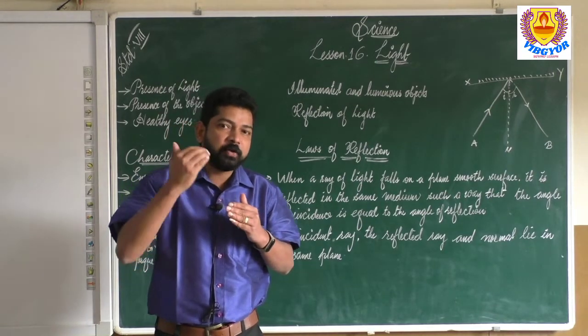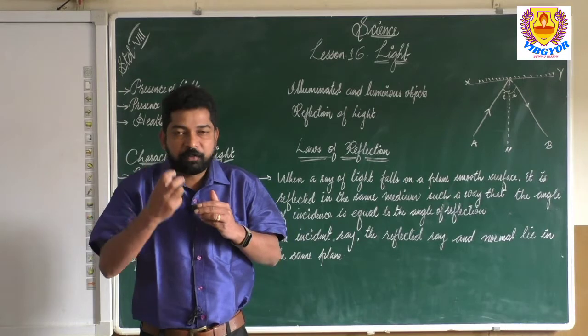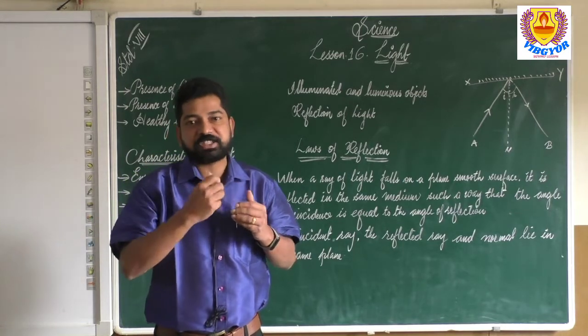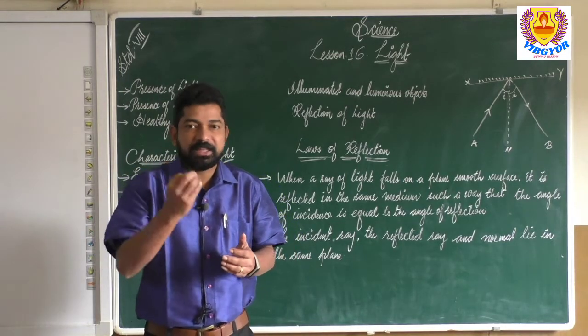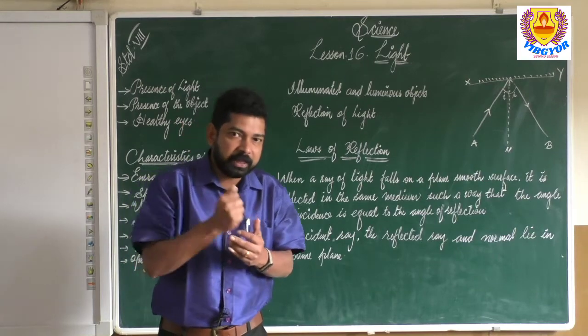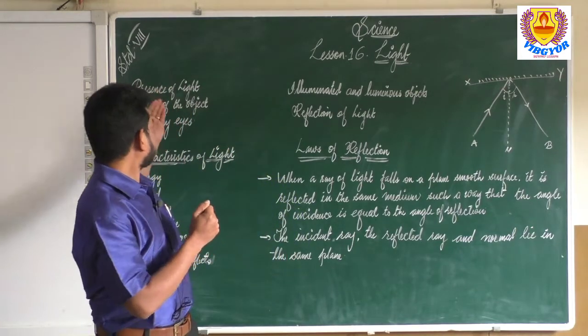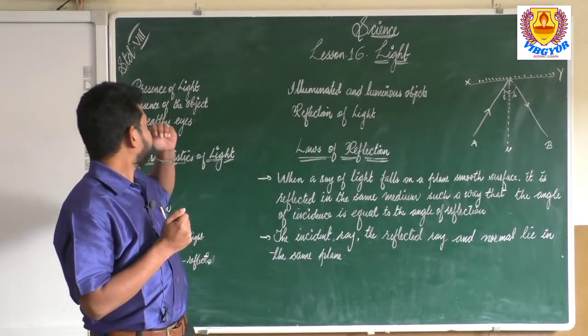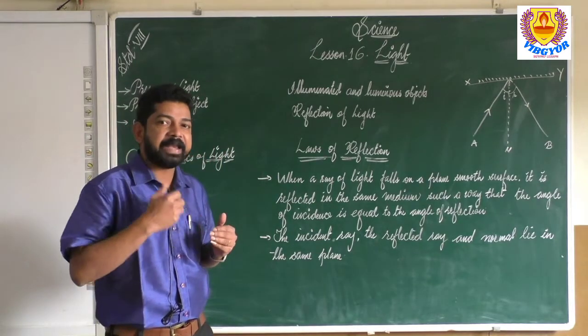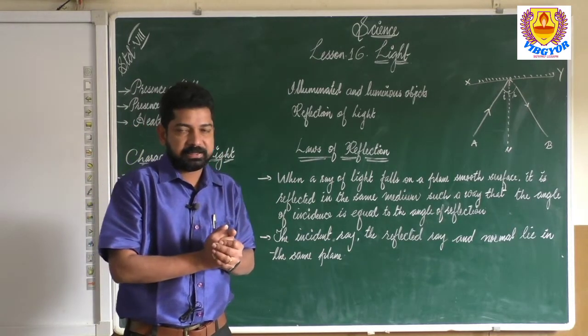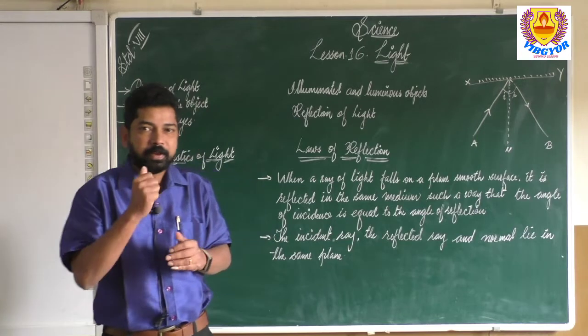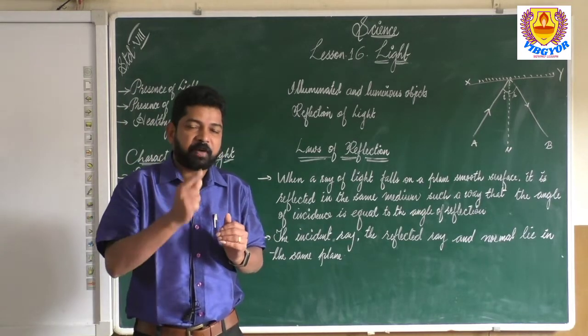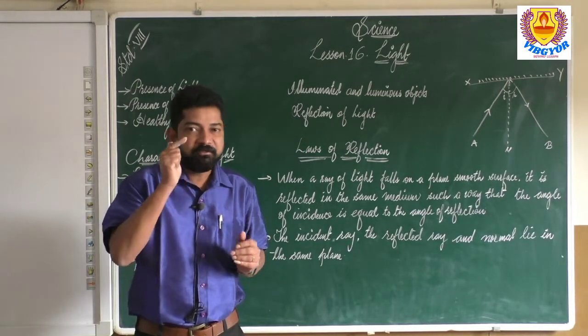So if you want to see an object, or if you have to get the sensation of vision, we need three things. What are they? Let us see them. Presence of light, presence of an object, and a healthy eye. I will say once again, if you want to see an object, what is the first thing required? We need light.